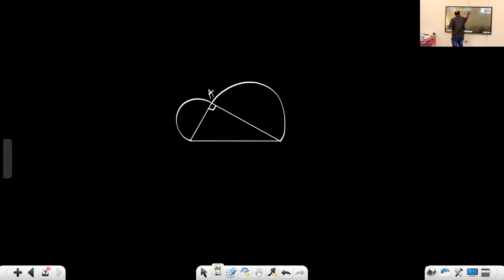Mark A, B, C. This is given 3 centimeter, this is given 4 centimeter. One more semicircle is going like this. And you want to find this area. That's the question.